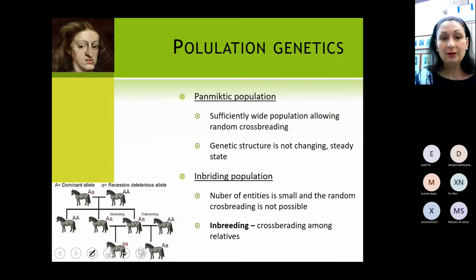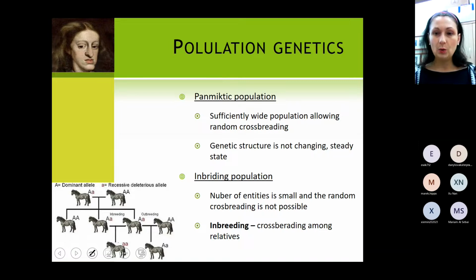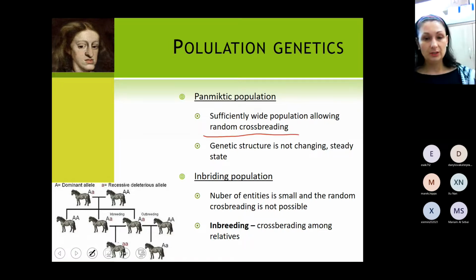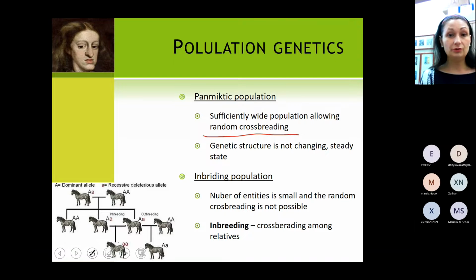Now we are getting to my favorite topic, population genetics. Based on that, we may distinguish two types of population, panmictic and inbreeding population. The panmictic population is a sufficiently wide population where random crossbreeding is allowed. So it's, for example, the Czech Republic population, European population.